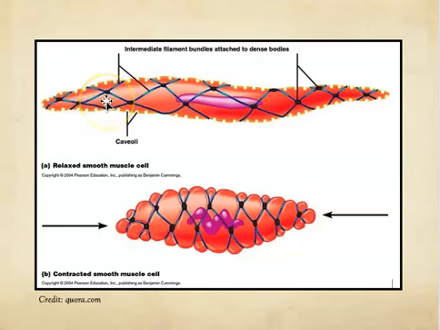It's going to pull on the dense bodies, and the dense bodies are going to pull on the intermediate filaments, and this is going to happen. The whole network just gets tighter, and that basically pulls that whole anatomy of the smooth muscle cell into a smaller space. It contracts it. This is all happening underneath the sarcolemma of the smooth muscle fiber.